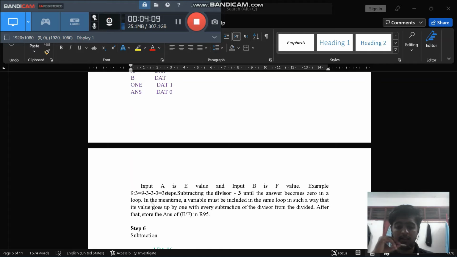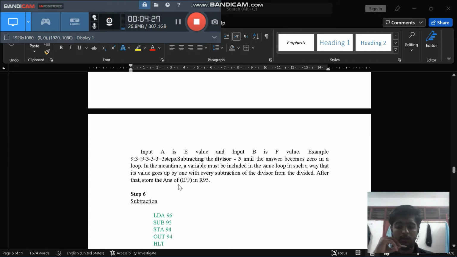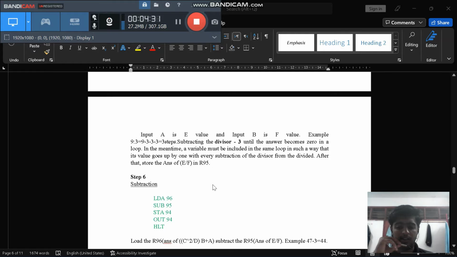So 9 is divided by subtracting 3 until the last value is executed, which is 3, until the answer becomes 0 in the loop. In the meantime, a variable must be included in the same loop such that its value goes up by 1. So the answer is stored in register 95.